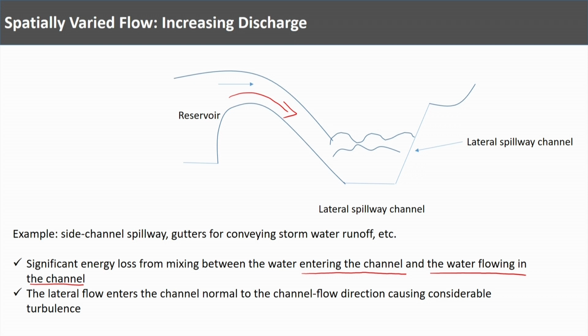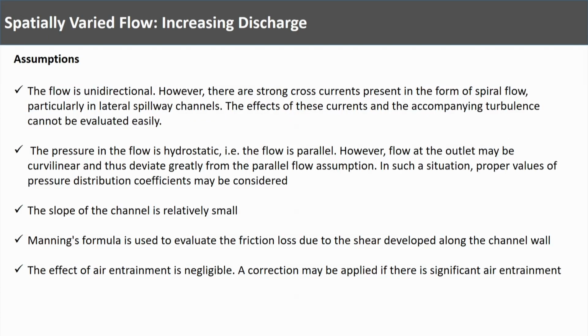We are using the momentum equation, because the lateral flow enters the channel normal to the channel flow direction, causing considerable turbulence. So, in this case we will use the conservation of momentum equation. These are the assumptions with which we will derive the equation.